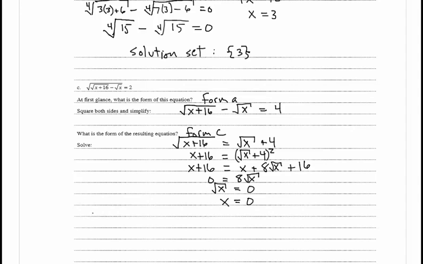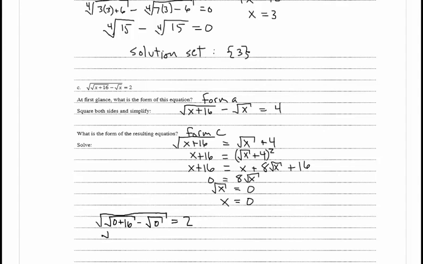And now we want to check 0 in our original equation. So we have the square root of 0 plus 16 minus the square root of 0 is equal to 2. And now 0 plus 16 is 16, and the square root of 16 is 4.